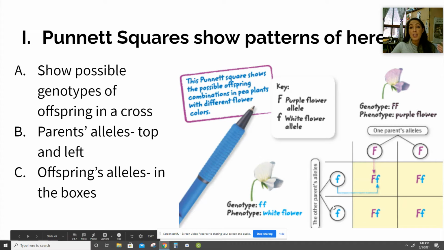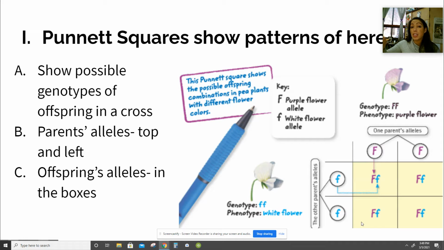Well, if I cross them, I do my Punnett square and I figure out every single one of my offspring, there is a 100% chance that all of my offspring are going to be heterozygous. Remember, we learned that term last lesson. Heterozygous means my offspring have one of each, a capital and a lowercase.